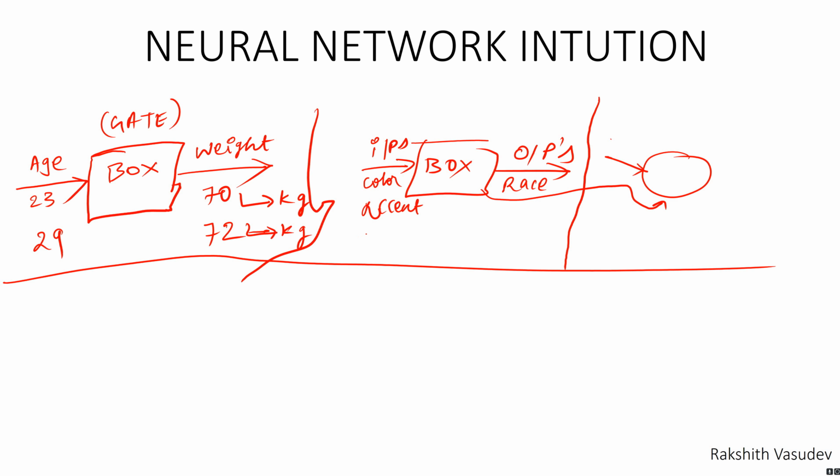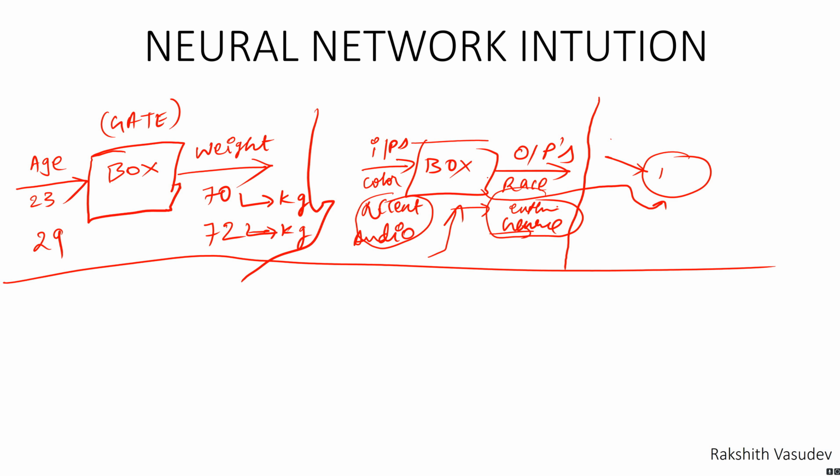You could pass in anything. You could pass in an audio signal and it outputs the genre of that audio signal. You pass in the accent of that person, and it outputs the ethnicity of that person. So just think of it like this: you pass in some sort of input, the output comes out, and you do not know exactly what is going on inside this box.